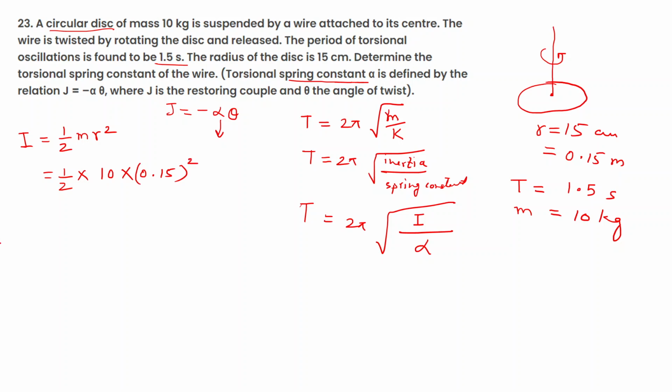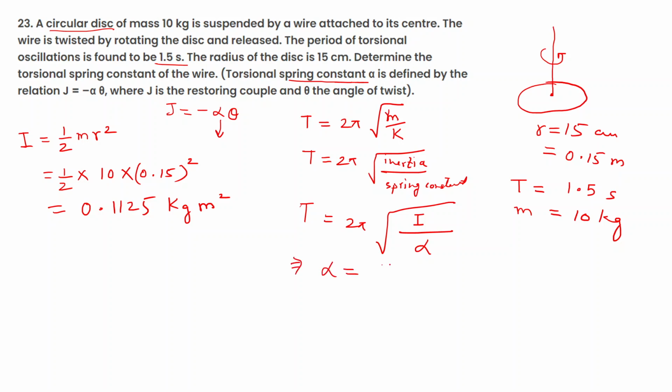Taking the square of this, I am calculating on my calculator. The value is 0.1125. Moment of inertia value is 0.1125 kg meter square.